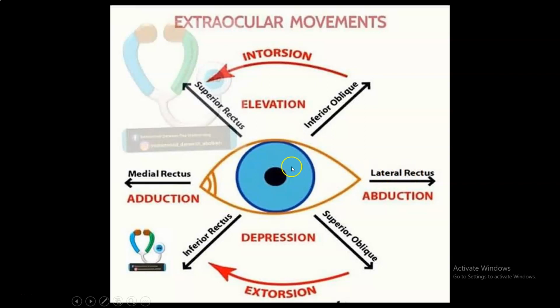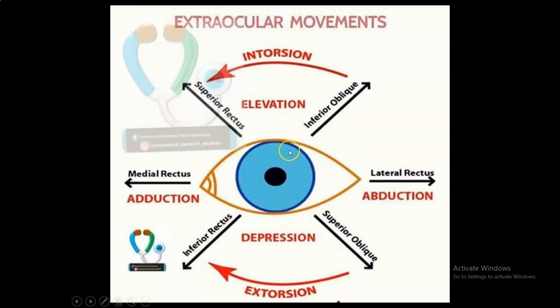That's good. And medially, this is adduction by the medial rectus, it's good. But to test the other muscles, as we said, the lateral direction is for the obliques, the medial direction is for the recti.